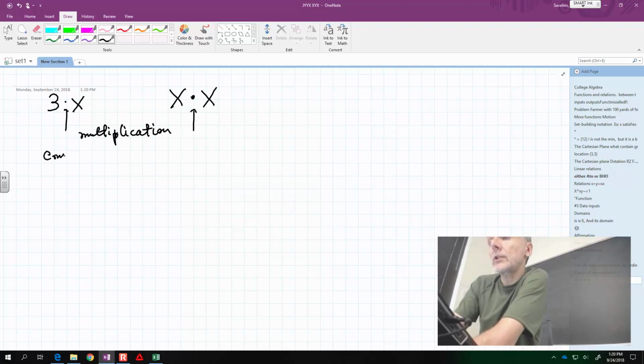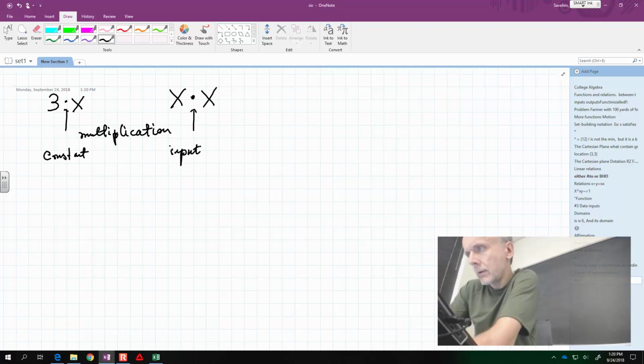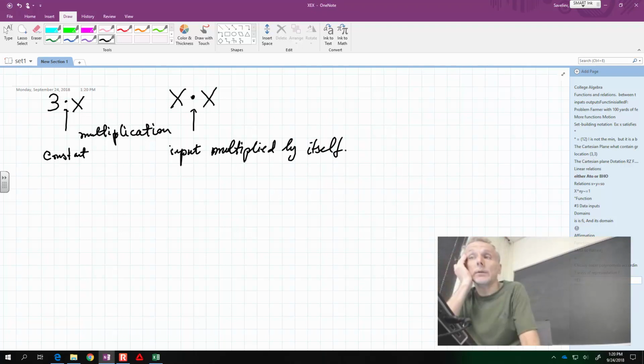But this one is constant, so x is taken 3 times, and that's what it represents. x times x is not constant: the input multiplied by itself. Then it matters what we're talking about.